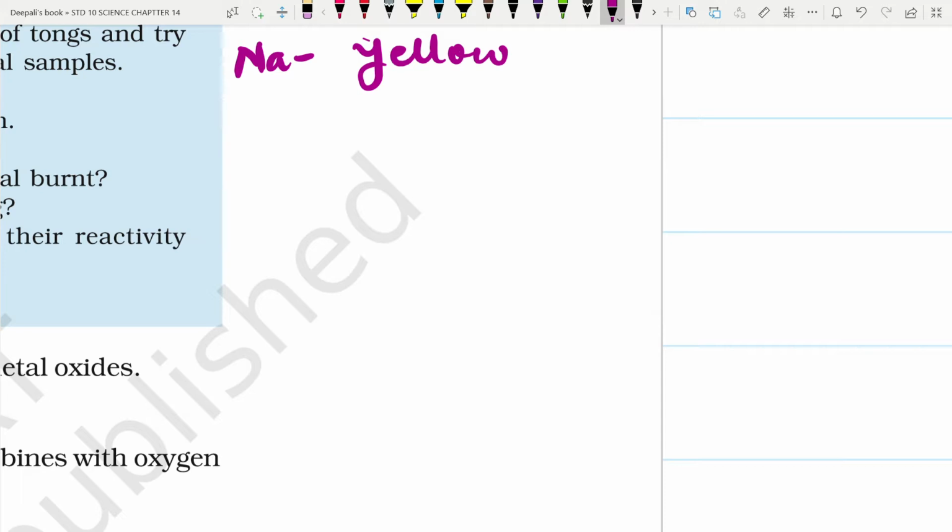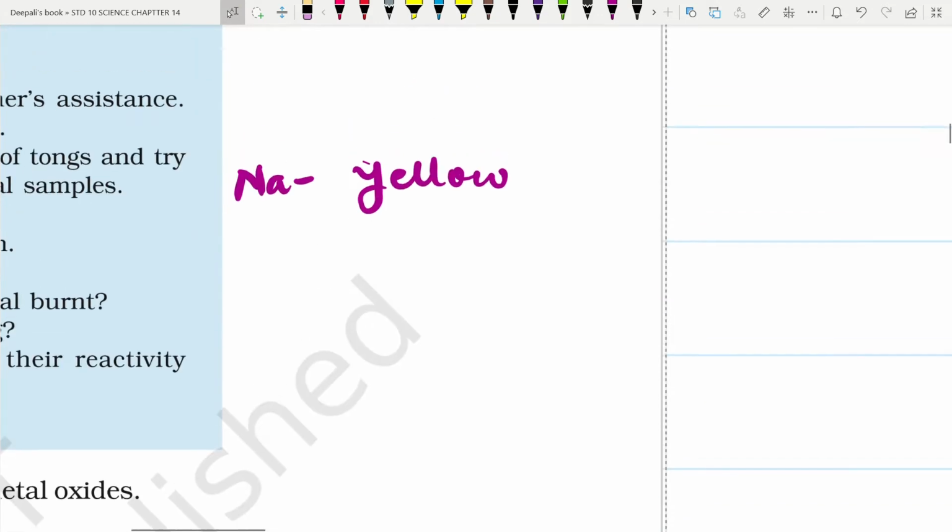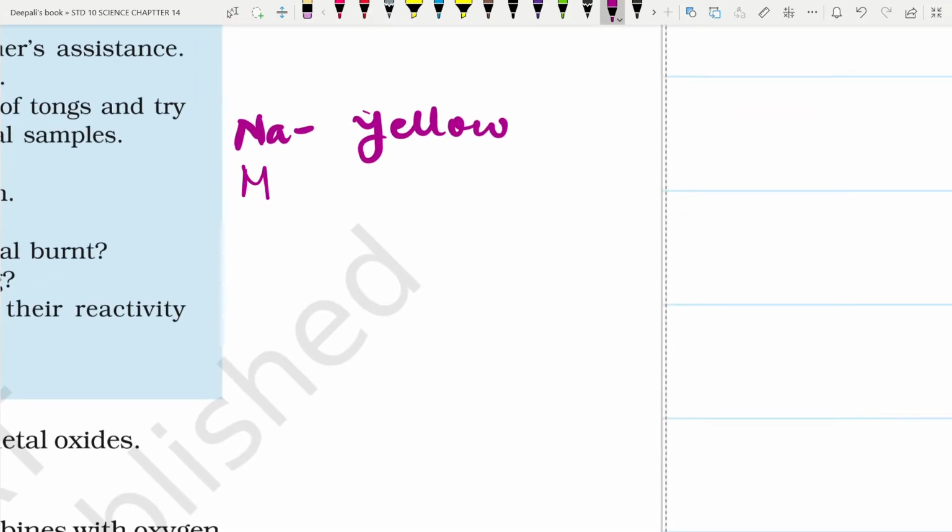Then magnesium, Mg, gives dazzling white flame.